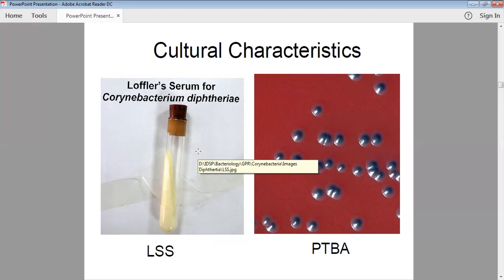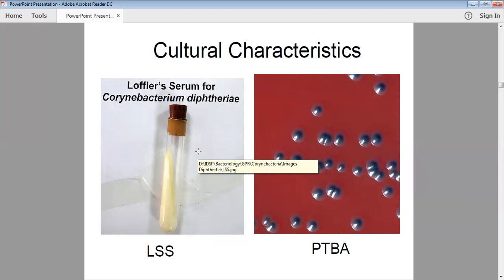Another property of Loeffler's serum slope is that granules appear very nicely when we inoculate the specimen in this medium. The throat swab is inoculated onto Loeffler's serum slope and incubated for 6 to 8 hours at 37 degrees Celsius, and we observe the growth.